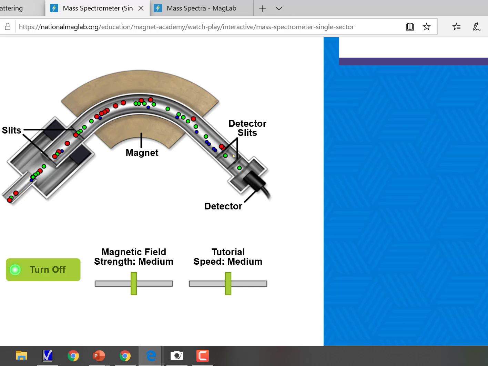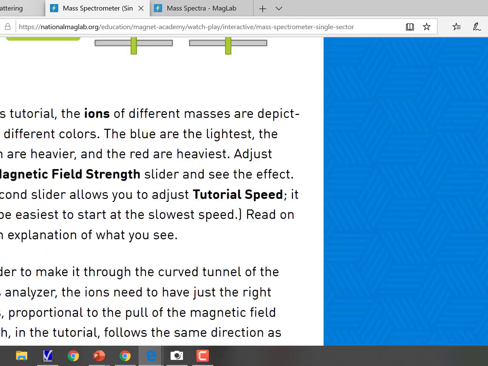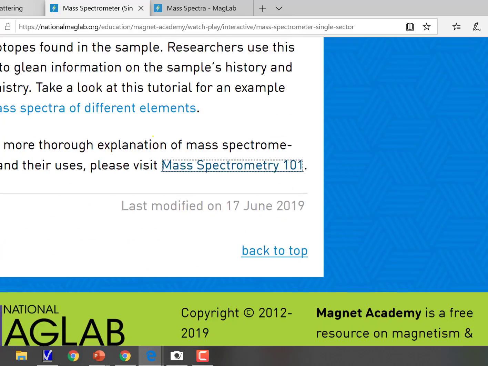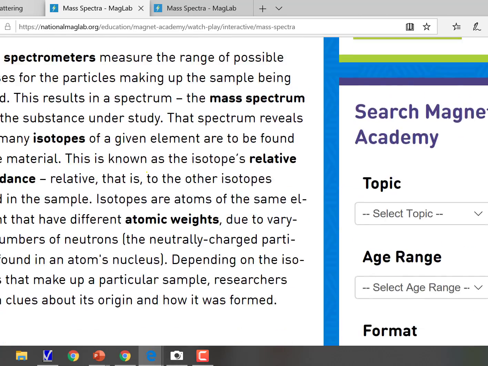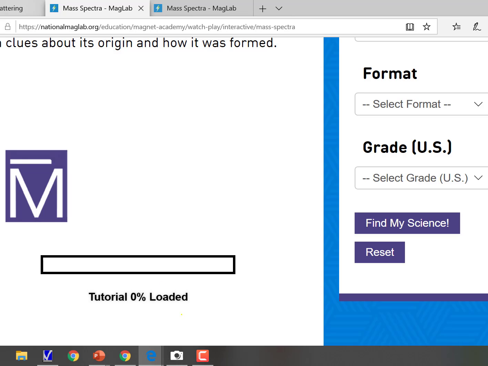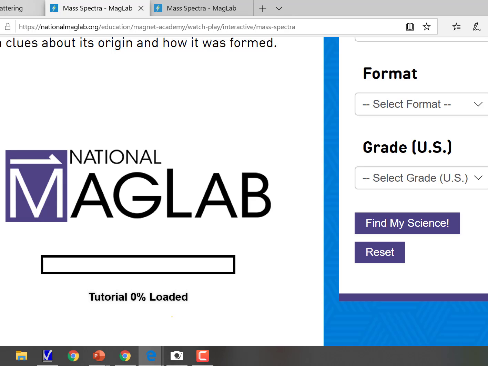I've separated the blue, the green, and the red from each other, because the red doesn't bend as much because it's heavier. So what you end up getting is a graph of how many things weighed that much. All you end up with is a simple little graph.